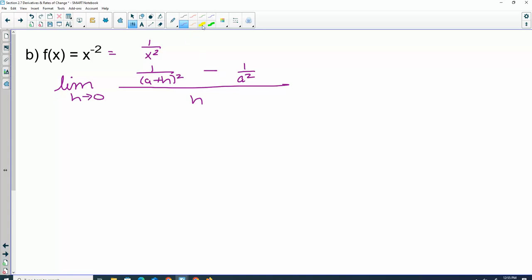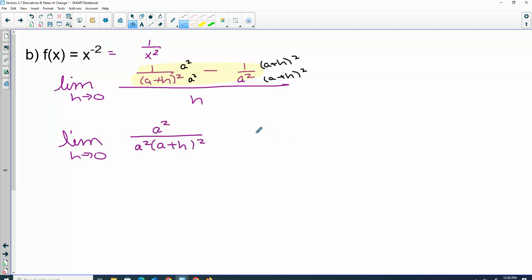Okay, if I'm just looking at this top, what do we have to have in order to put these together? So I'm gonna take this one times a squared on top and bottom. This hurts. A squared plus h squared.